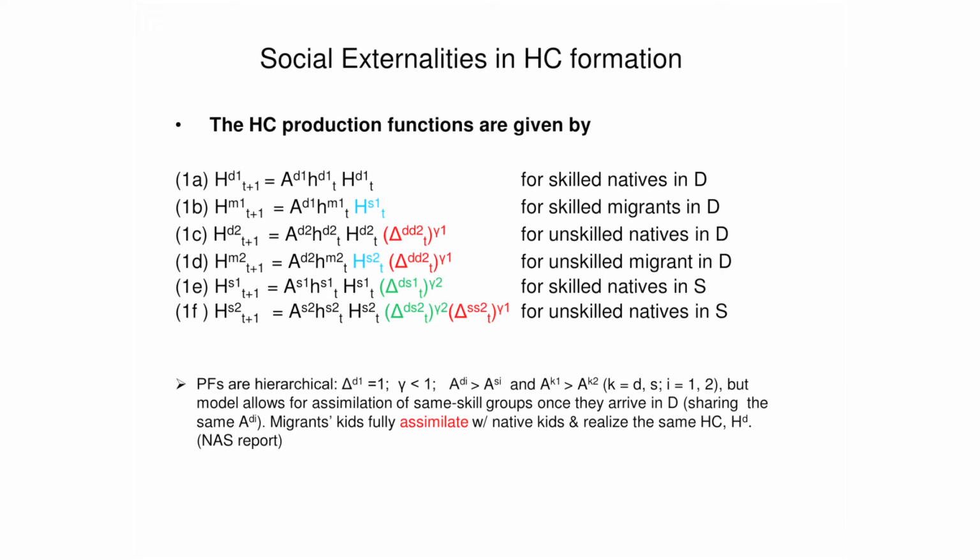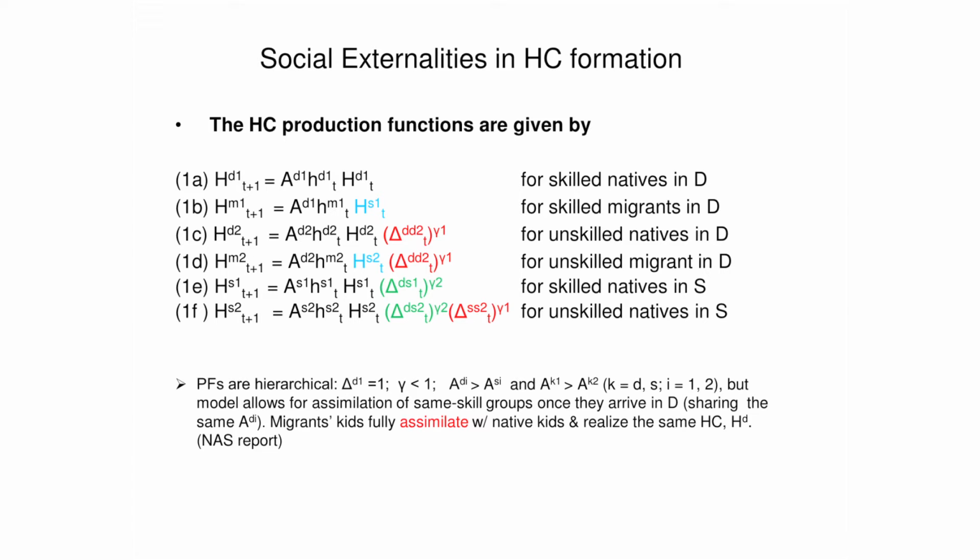But the level of that technological parameter that affects the creation and transmission of knowledge is higher in the destination country than in the source country by virtue of the country effects that I talked about before. And they're also higher for the higher skilled groups relative to the lower one.